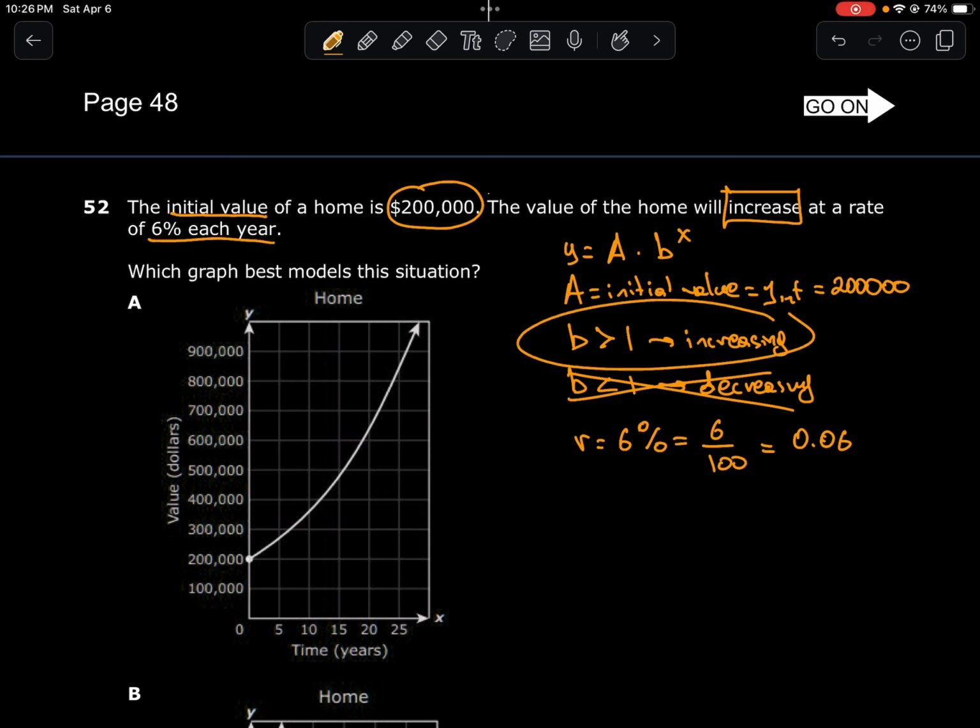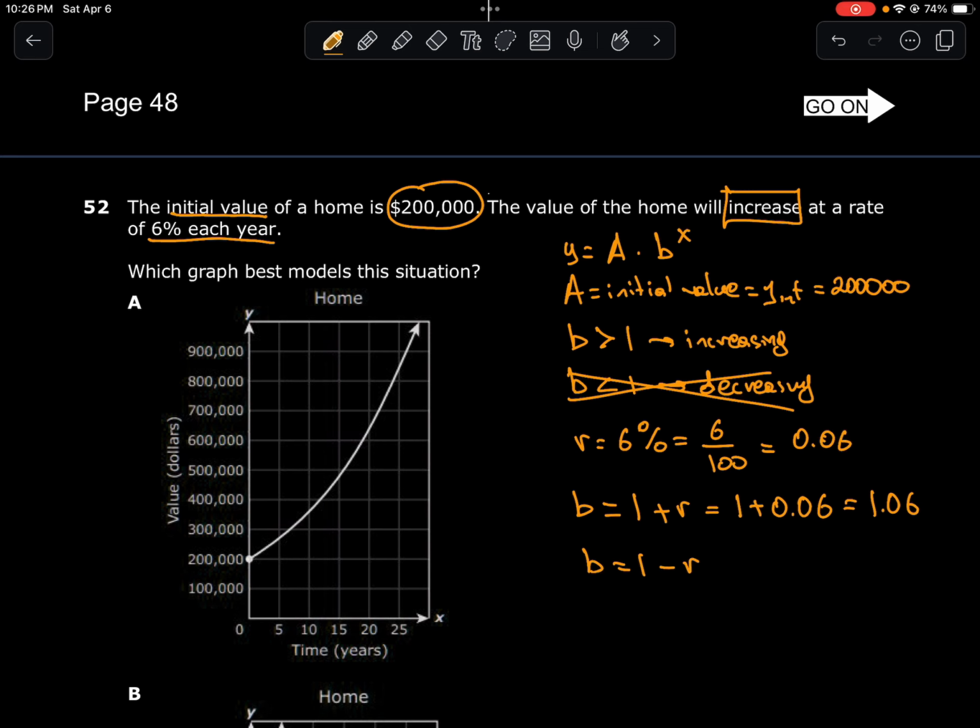An increasing base is equal to 1 plus the rate, and in my case that is 1 plus 0.06, which is 1.06. If it was decreasing, it would be 1 minus the rate, but that's not what I got here.